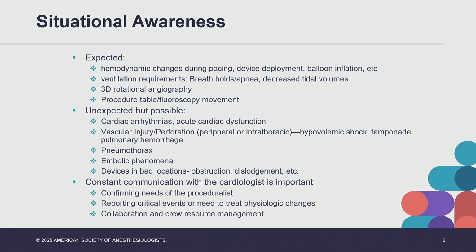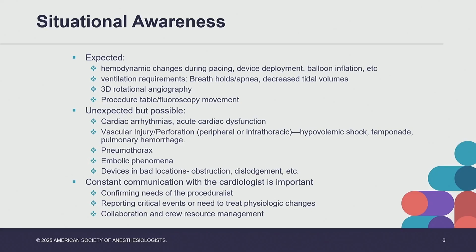It's rare that we get neck access for our catheter-based procedures, but it is always possible. Embolic phenomena can occur, whether that be from air or from a thrombus. And of course, device deployment that becomes dislodged or not in a spot it's needed to be can cause immediate and catastrophic conditions for a patient. And you might have to immediately perform cardiac surgery in that room. And you have to be prepared for that, even though it's rare.